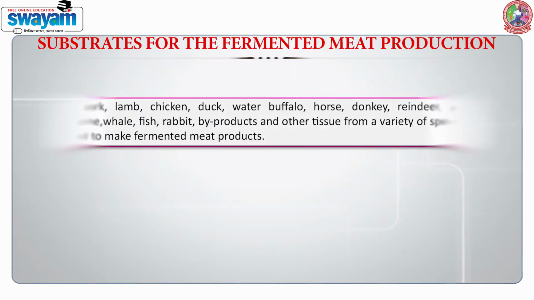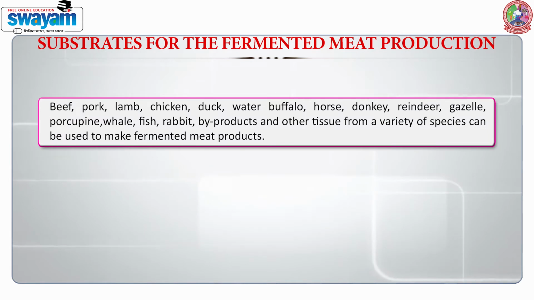There are a number of substrates which can be used for fermented meat product production. These include beef, pork, lamb, chicken, duck, water buffalo, horse, donkey, reindeer, gazelle, porcupine, whale, fish, rabbit, byproducts and other tissues from a variety of species.